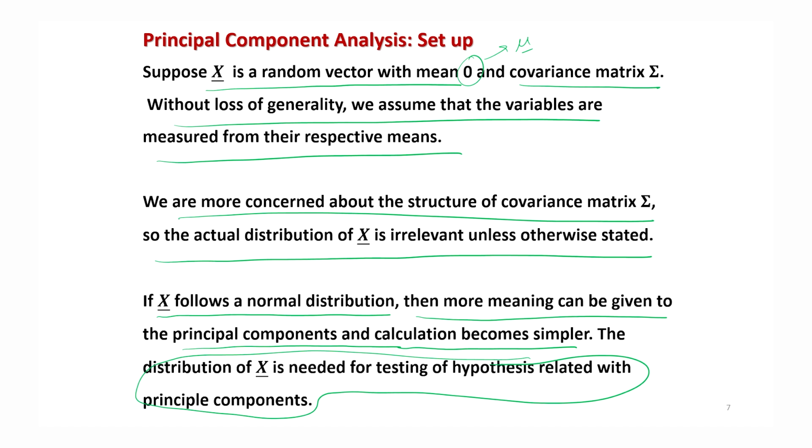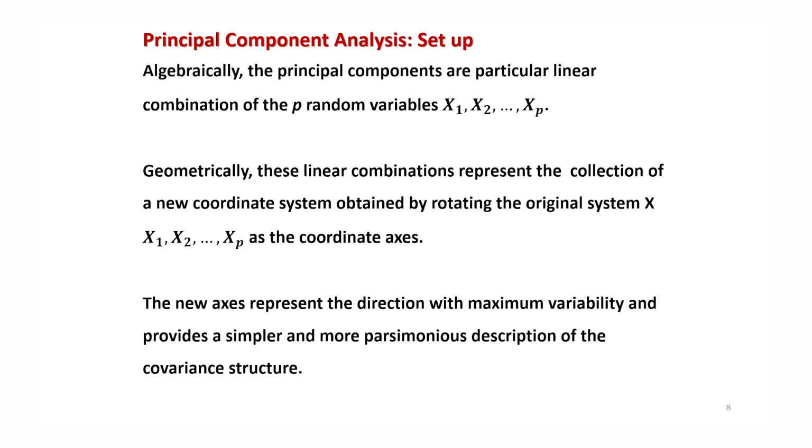Although I am not going to consider the test of hypothesis here, that also gives us some information, but it is valid only when we assume the multivariate normal distribution for the X vector.